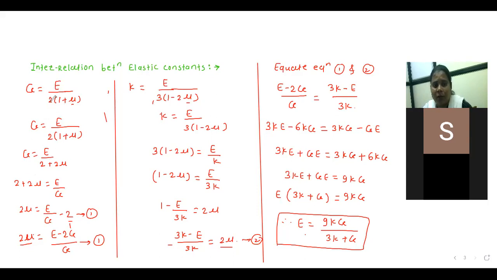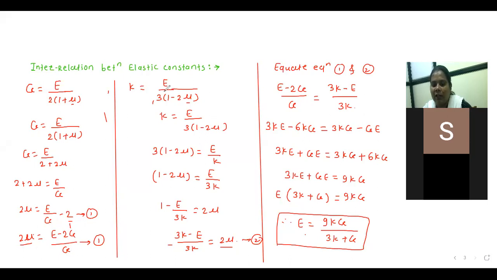We multiply by the whole bracket 2(1 + mu), shift this 2 + 2 mu to the left side, so 2 + 2 mu is equal to E divided by G. After rearranging, you get 2 mu equals (E - 2G) upon G. This is our equation 1.